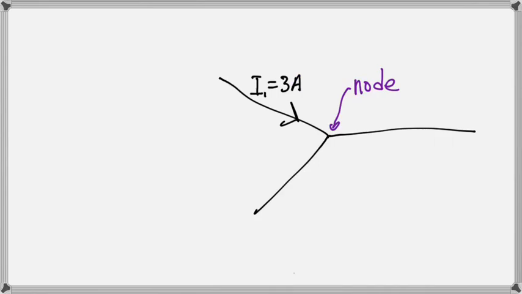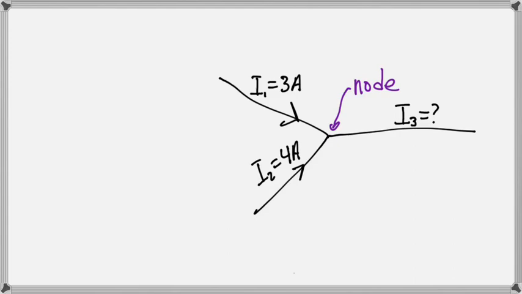This means that every second, 3 coulombs of charge is entering the node from that wire branch. We'll also suppose that 4 amps is entering the node from the branch on the lower left. So what is the current leaving the node by the branch on the right? Right here. We'll call this I3.